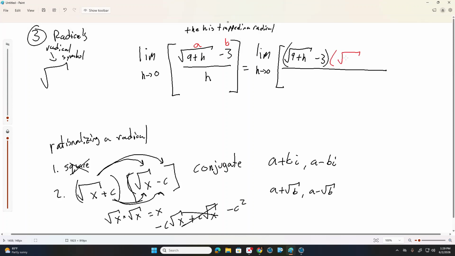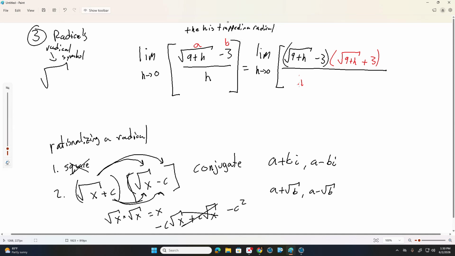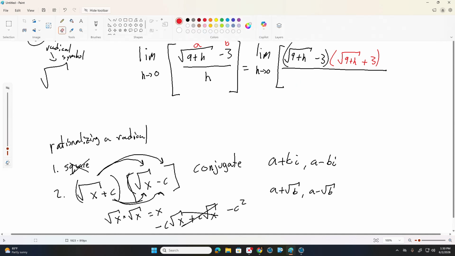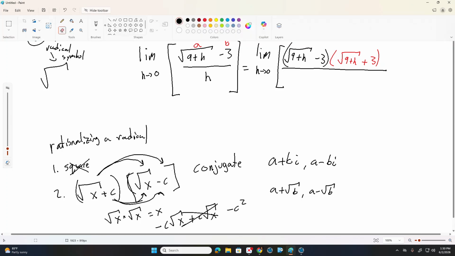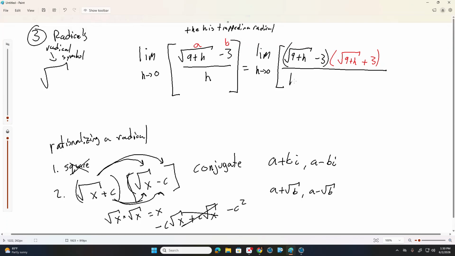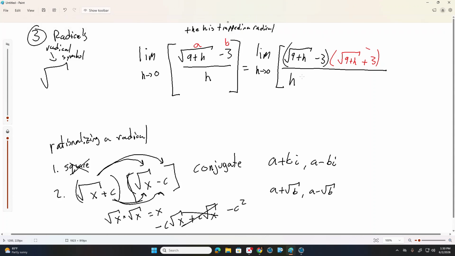So a plus b, but in order to keep this equal to 1, I'm going to multiply both top and bottom. So we originally had an h, but we're going to multiply that h by an additional square root of 9 plus h plus 3.